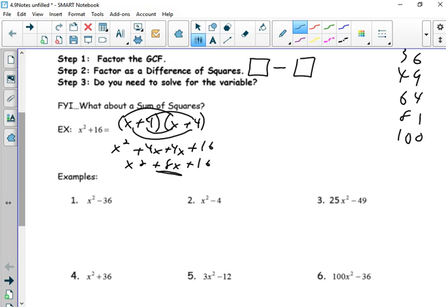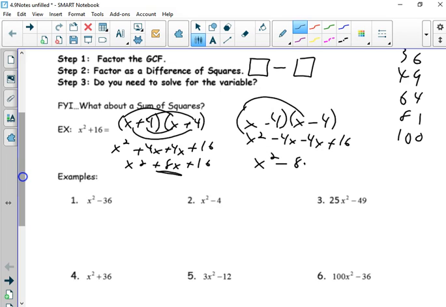I don't have a middle. Oh, wait a minute, it's difference, right? So it must be x minus 4, x minus. Let's do that. Now that'll work because there's my subtraction. X squared minus 4x plus 16. Shoot. That's going to give me x squared minus 8x plus 16. Okay? So obviously that doesn't work.